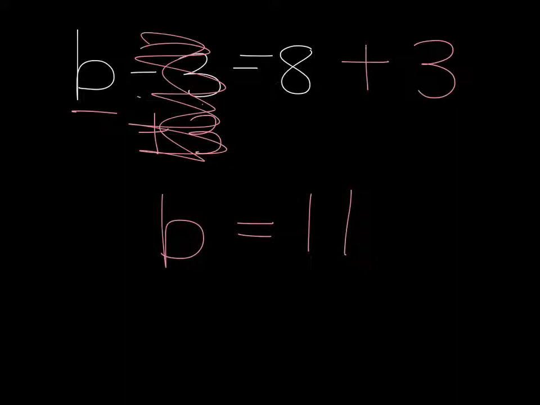Now let's see what happens when we've got a multiplication. Let's do c now. So we've got 8c, and we know that that's multiplication because they're right next to each other, is equal to 32. Now, what do we do? I told you that you have to do the opposite. What is the opposite of multiplying? The opposite of multiplying is dividing.